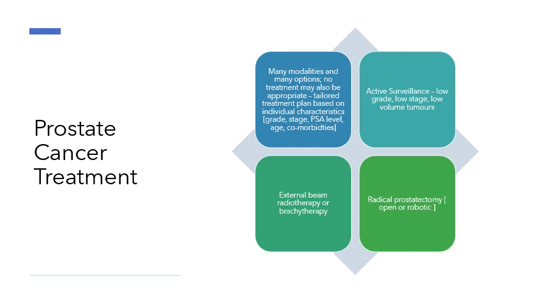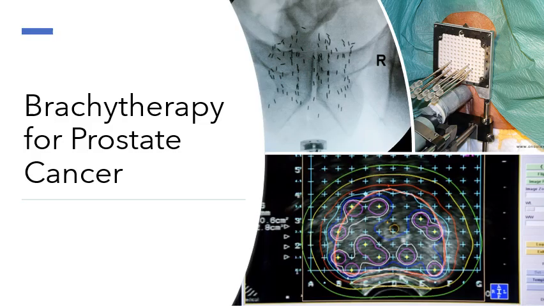If the tumour fails on any of those criteria over follow-up, then one can move to using external beam radiotherapy or brachytherapy, or move to removing the prostate through open or robotic prostatectomy.